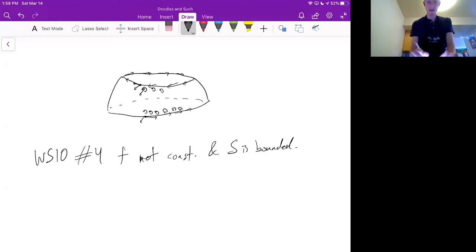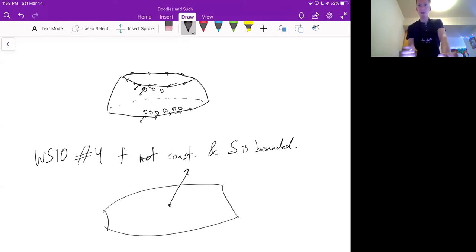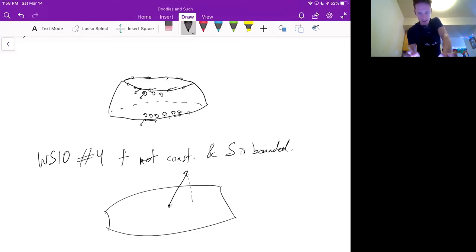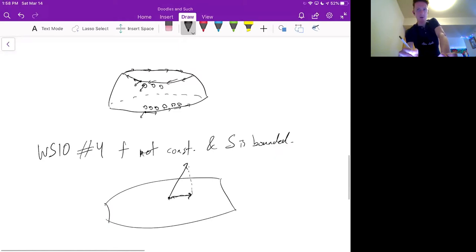More precisely, if I'm on some part of the surface and I have my gradient here and it isn't totally orthogonal to the surface, I can imagine projecting that gradient vector down here. If I'm not totally orthogonal, this projection is going to be non-zero, and that projection is telling me I can move in that direction a little bit and increase the value of the function.